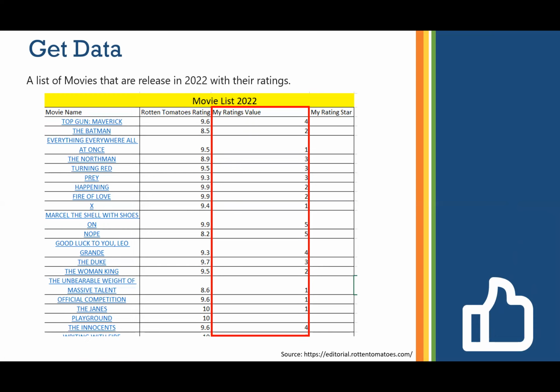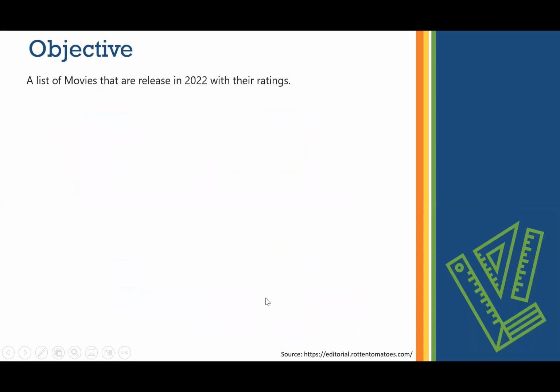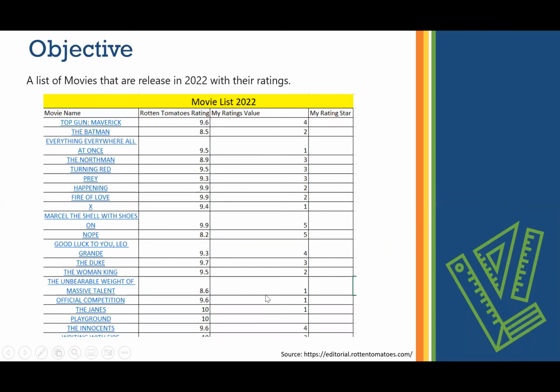So I have this rating from 1 to 5, out of which I'll be extracting my star rating column right next to it. So based on this value, I'll be adding stars accordingly.